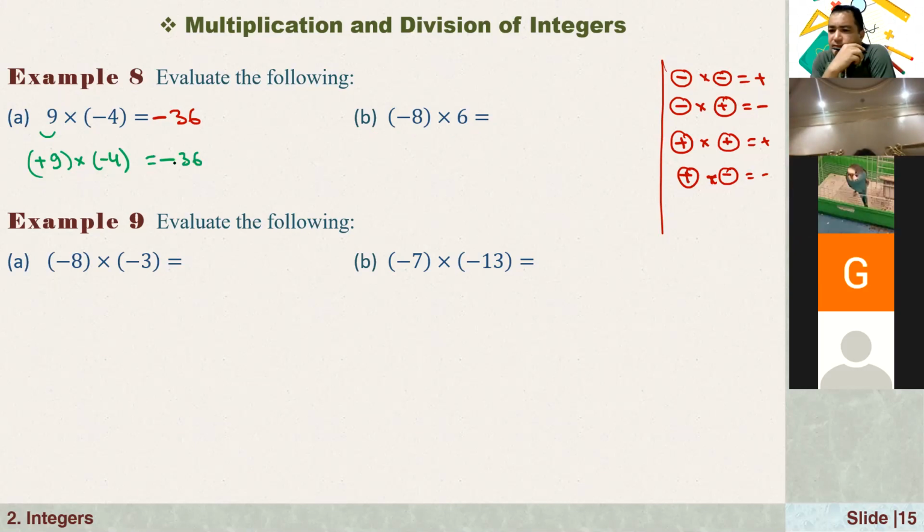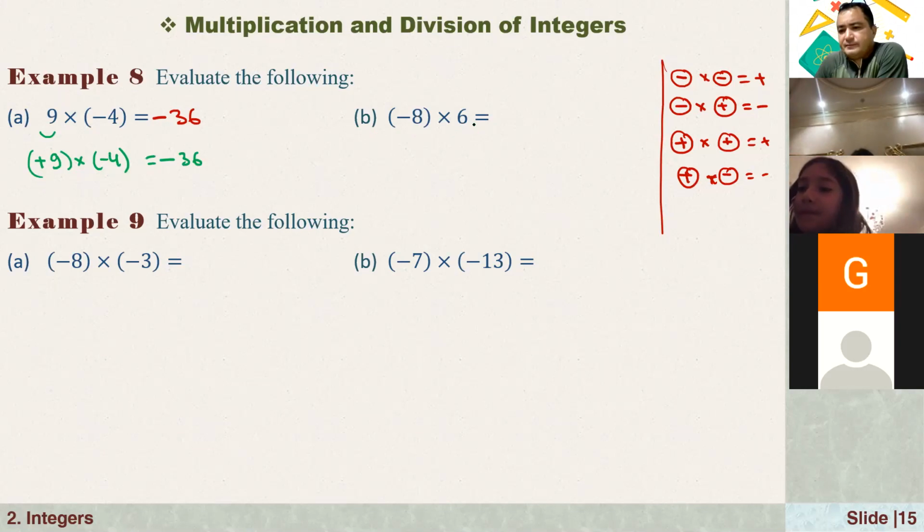Question B, Nazlı. What is negative 8 times 6? Negative 8 times positive 6, right? Negative times positive is negative. 8 times 6 is 48.